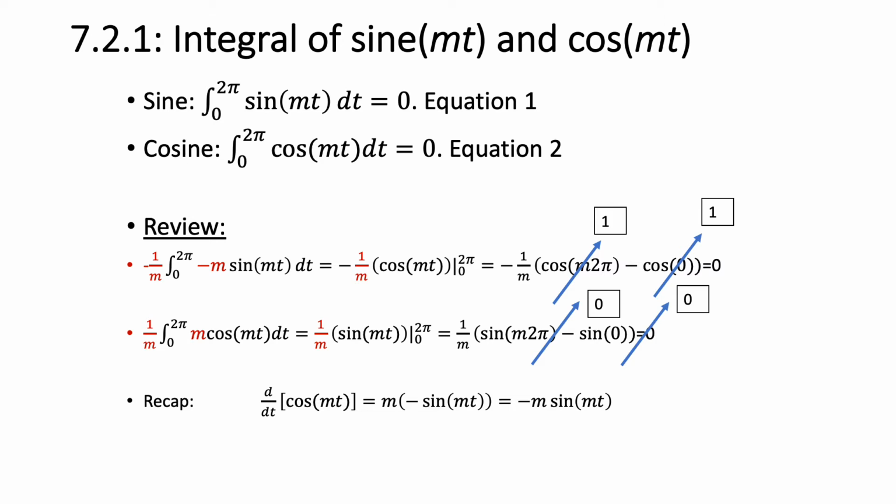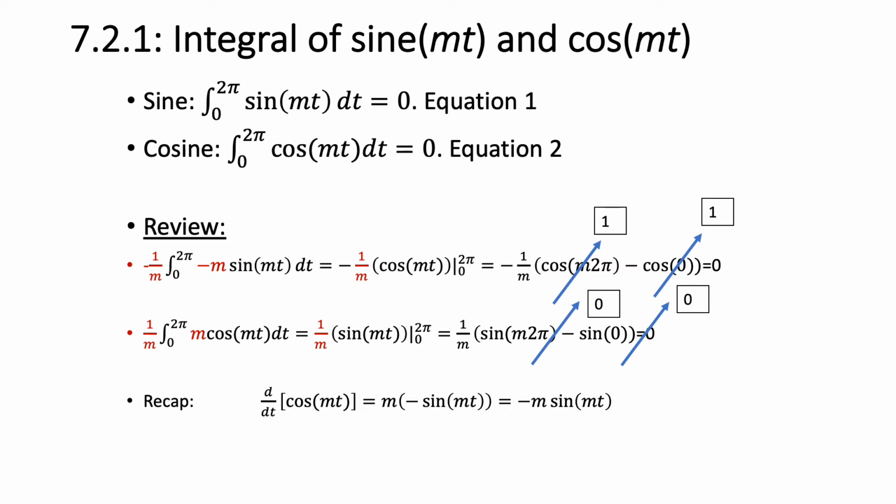After the integration, we have minus 1 over m cos mt for a period of 0 to 2 pi. This will give us minus 1 over m times cos m 2 pi minus cos 0. Both will give us 1, and therefore this equation equals 0.